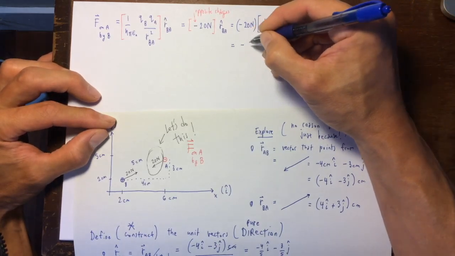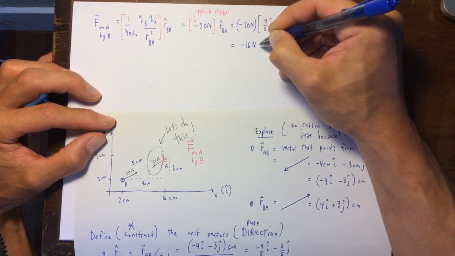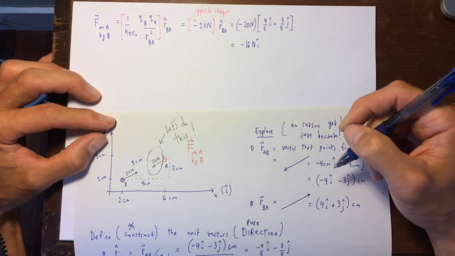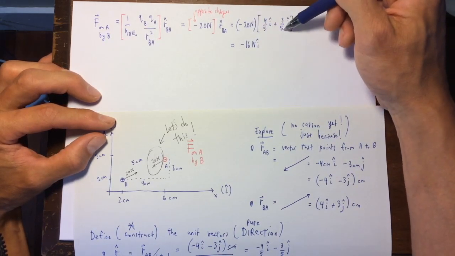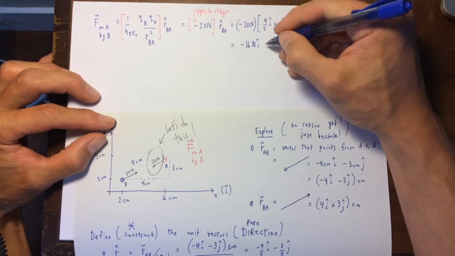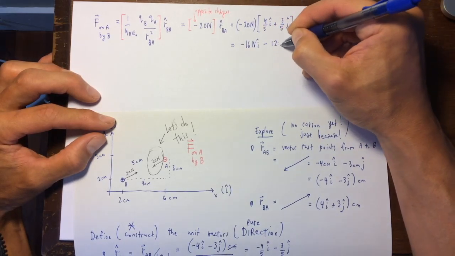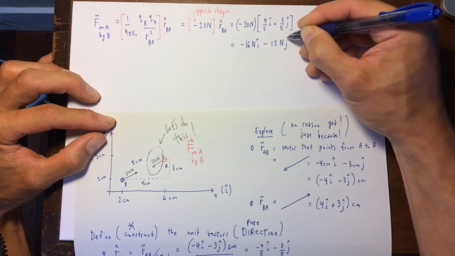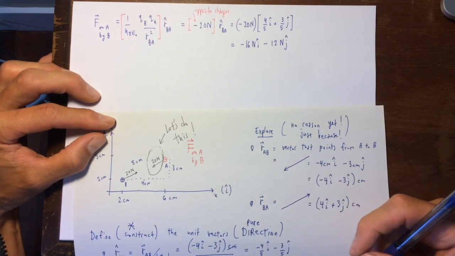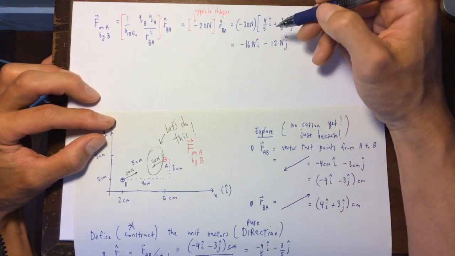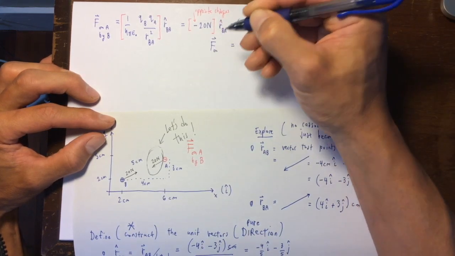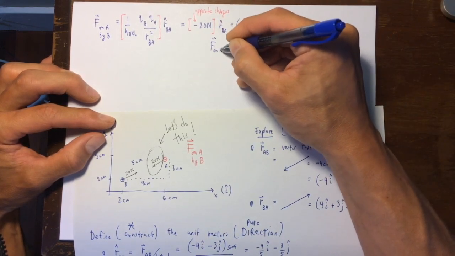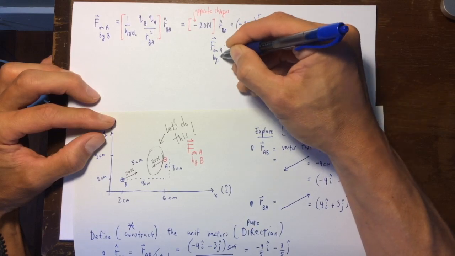So this is negative 16 newtons i hat, and then 20 divided by 5 is still 4, 4 times 3 is 12. So this is minus 12 newtons j hat. So this is my force vector, the force on charge A by charge B.